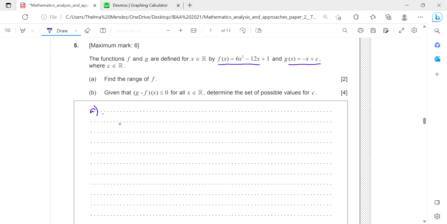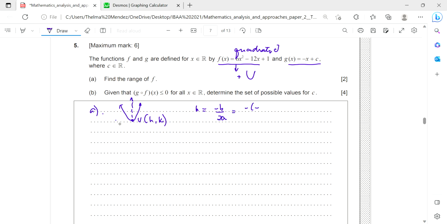One thing we can do is to find the vertex of this quadratic function, because once we know the graph, then we can already identify all the y values from here going up. Since this is positive, it opens up.